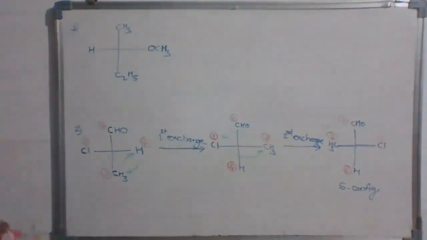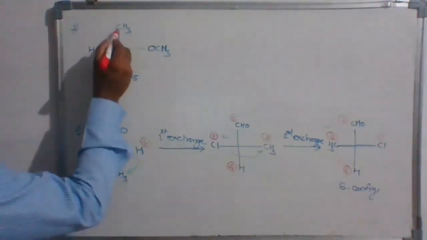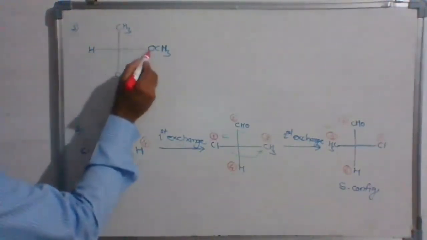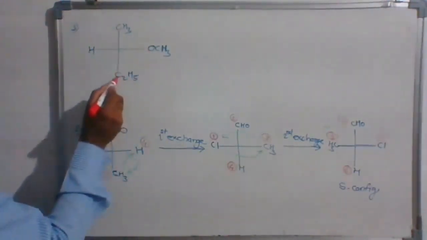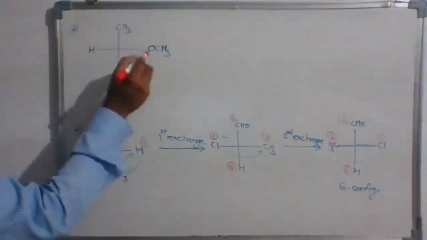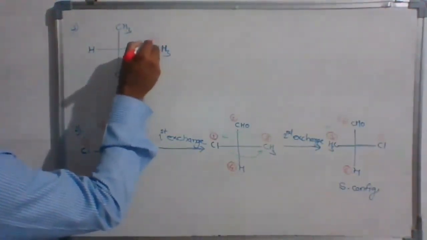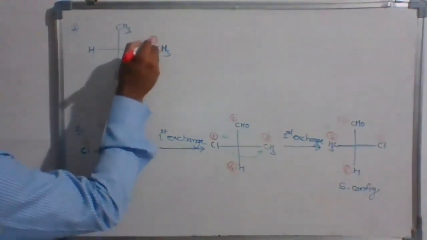Start from assigning the priority sequence. See, directly attached atoms are carbon, oxygen, carbon, hydrogen. So oxygen is having highest atomic number. Give first number to this OCH3 group.